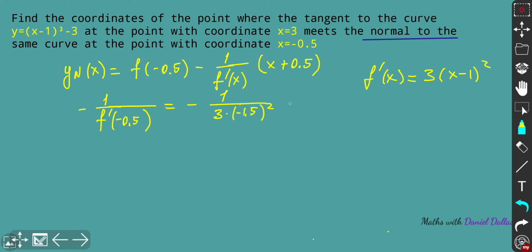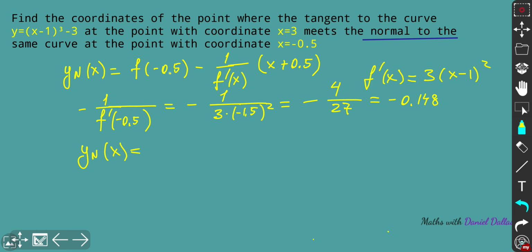Definitely it's going to be 1.5 squared, so if you calculate that, you'll get 3 over (3 over 2) squared, 9, 27, and 4 over 27. So negative 4 over 27. If you like, you can calculate. Let's check what the calculator gives us. It's going to be negative 0.148.